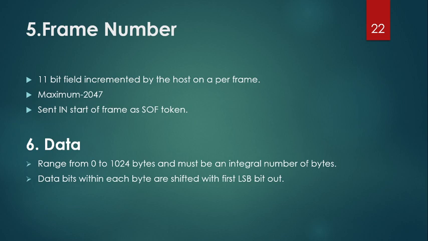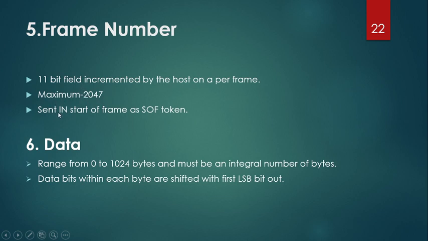The next one is the frame number. It is an 11-bit field which is incremented by the host on a per-frame basis. As each frame gets completed, it is incremented, and since it is an 11-bit field, the maximum value is 2047.